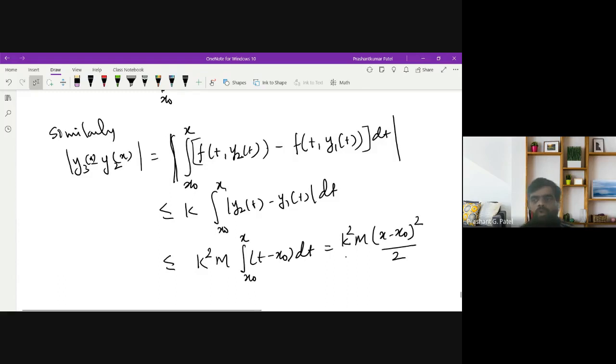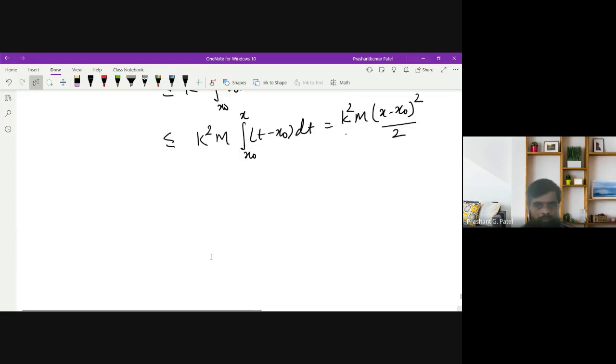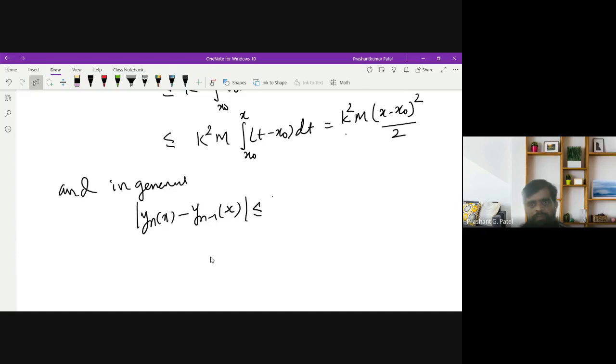And if you go on in a general manner, in general, mod of yn(x) minus yn minus 1(x) is less than or equal to k raised to n minus 1 times m times (x minus x0) raised to n minus 1 upon (n minus 1) factorial.